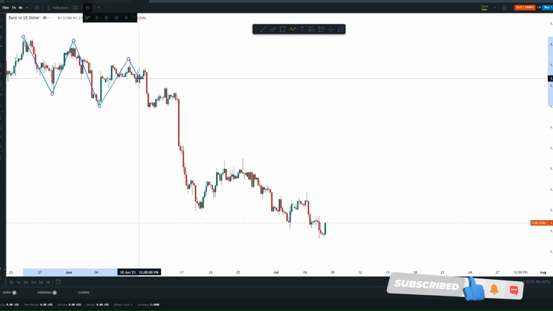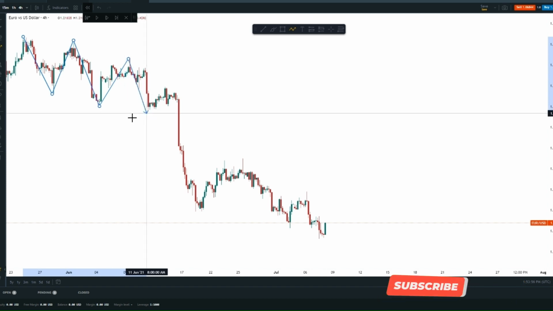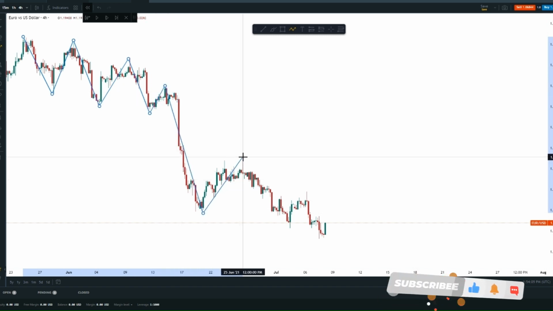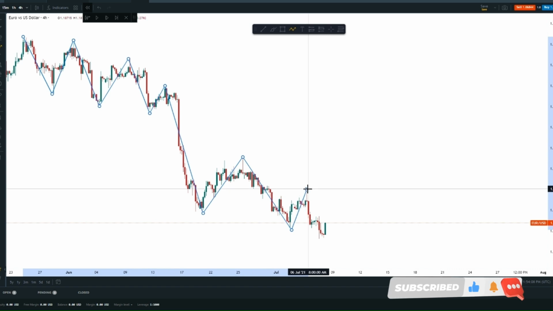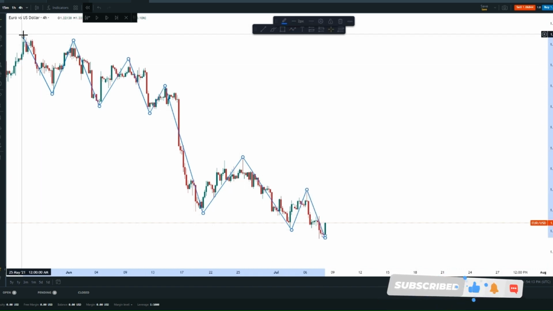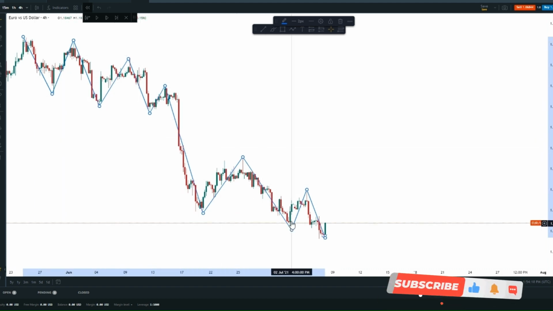A new lower high, and then what? This is pretty much like a double bottom, but this is a bit lower. So you can mark this as a lower low, another lower high, and then this becomes a lower low, a lower high, a lower low, a lower high, a lower low. So it is very clear. When you start to mark out all these places, you see that it is very clear that we are in a downtrend right here.